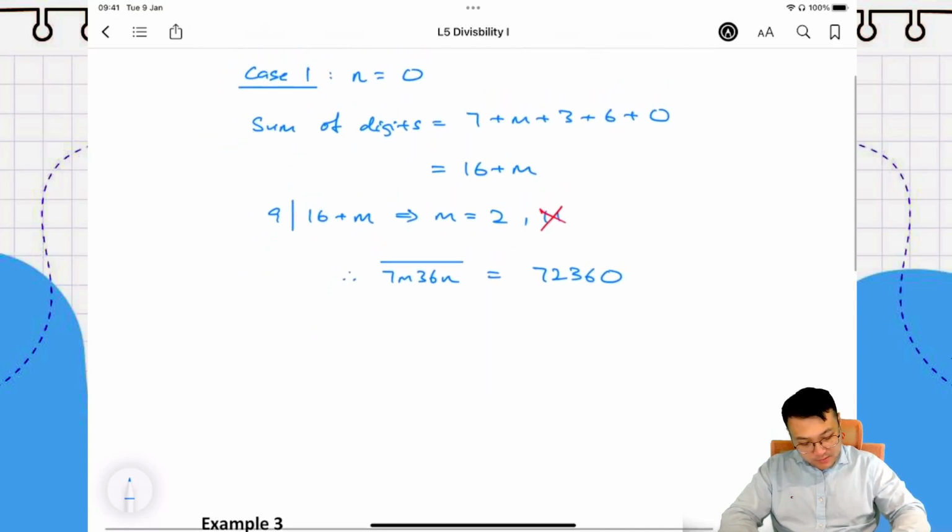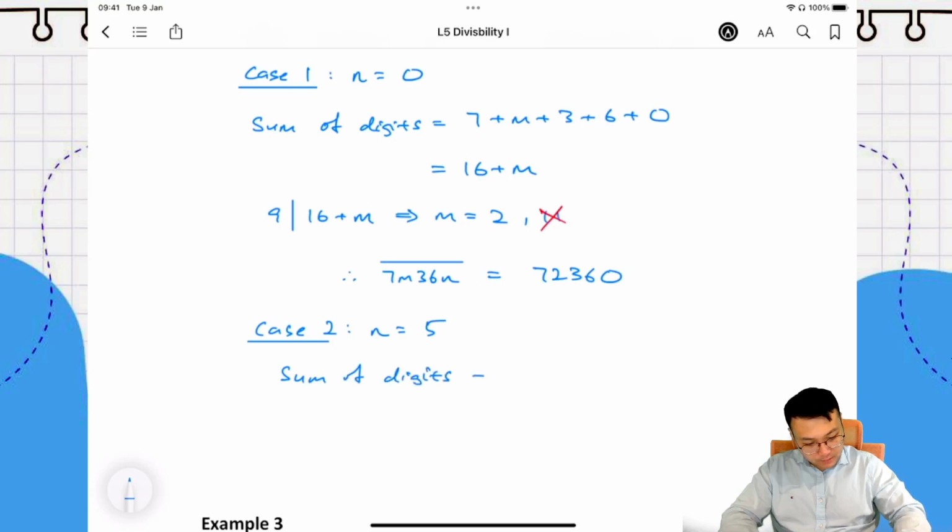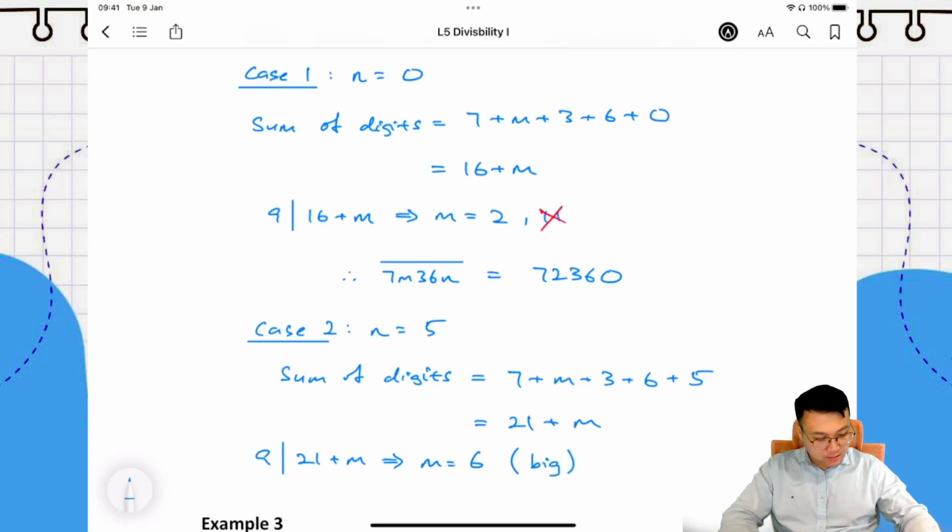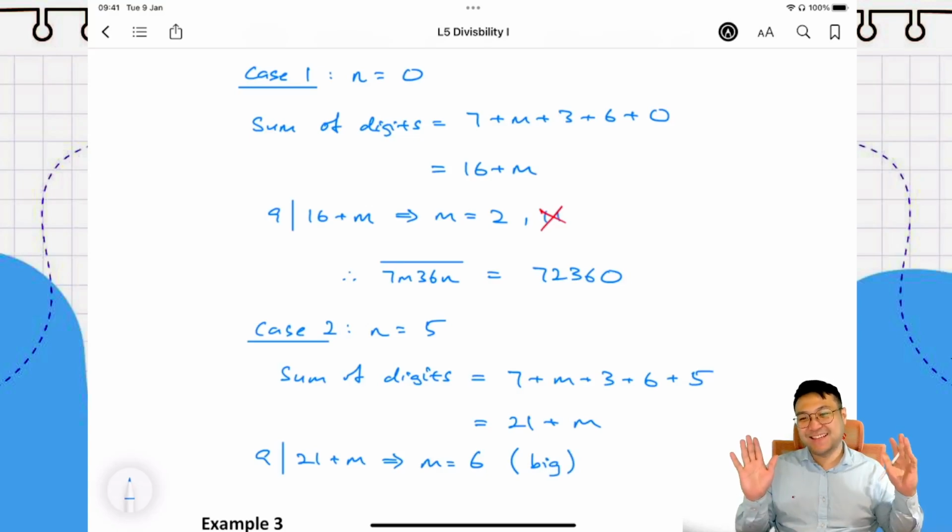Now let's move on to case number 2. n equals 5. 7m36n, which gives us a digit sum of 21 plus m. Since 9 must divide 21 plus m, therefore m must be 6, which is too big. So why don't we just leave it there?